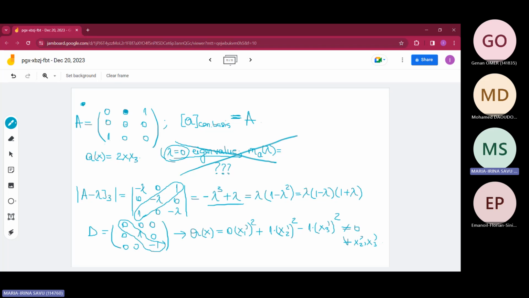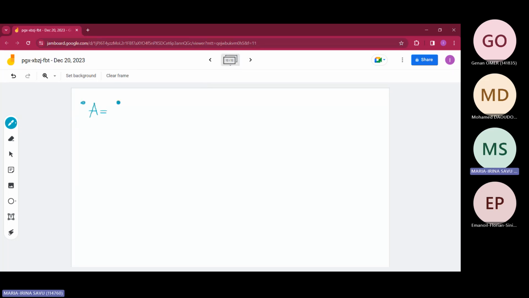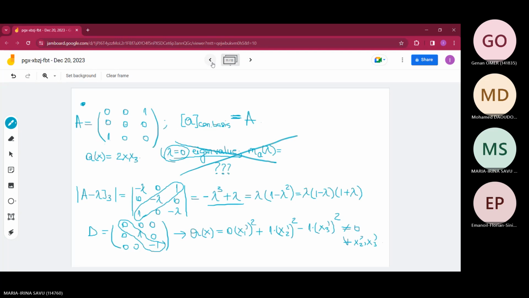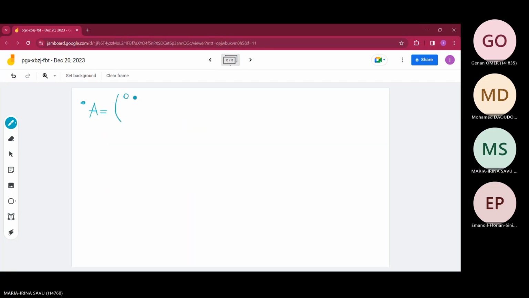But what happens if you have here 1 and 1 instead of this one? So let's take another example. Let's say that the matrix of Q with respect to the canonical basis is given, so it means that Q of X is 2x1x2.